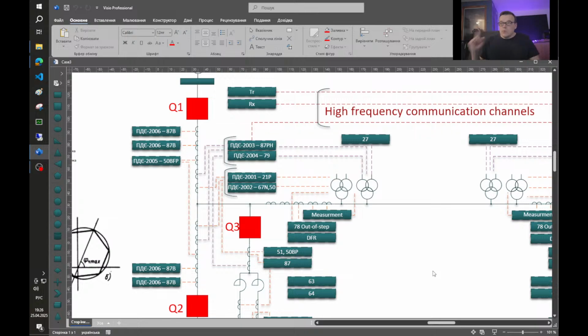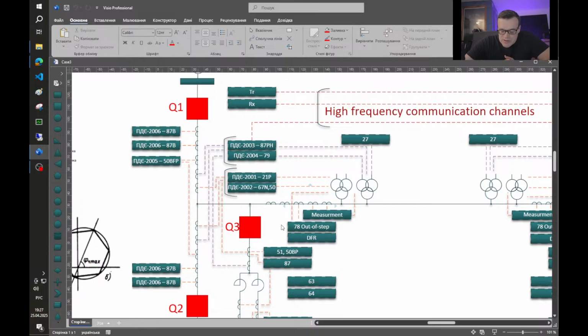So I want to add that this first signal, used to trip the opposite end without inhibition, is also sent by breaker failure protection, and by shunt reactor breaker failure protection.